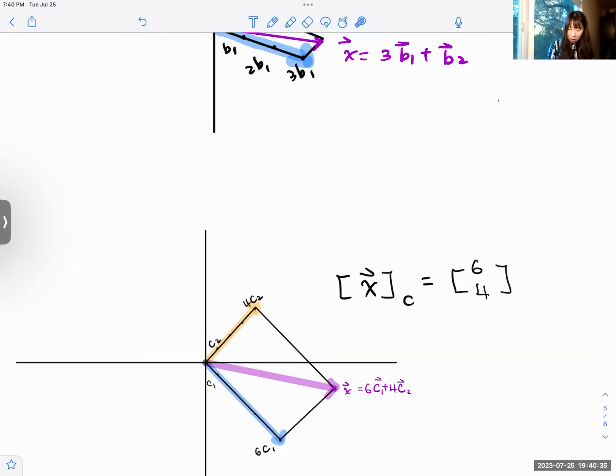Okay, so this one, I label c1 there. It's hard to see. 2c2, I mean, sorry, 2c3, 2, 3, 4, 5, 6. Yeah, like that. I'm sorry.